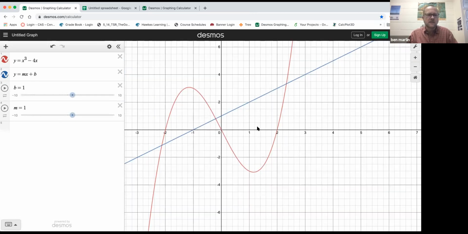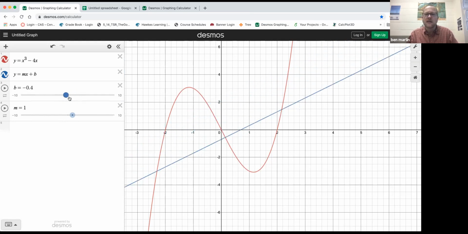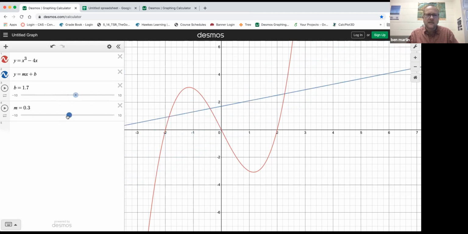And as you can see, the mx plus b that we've got there is not going to line up very well. And I can take the b, as I'm sure you know, and slide up and down and get my intercept. And then I can take the m and slide up and down to try to get my slope to match in. Okay. But actually looking at that, I don't think I want to do it that way.